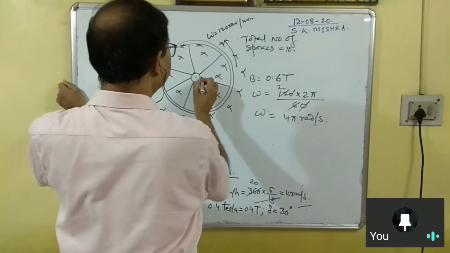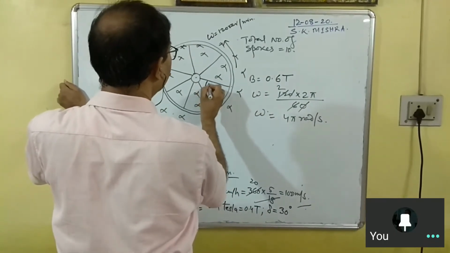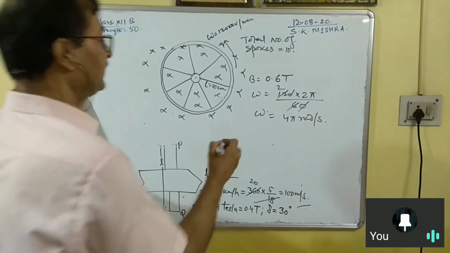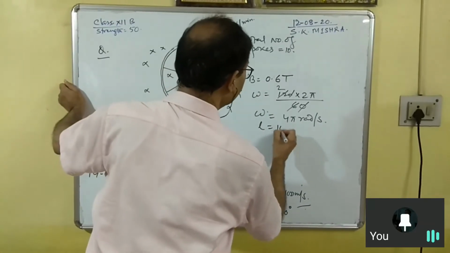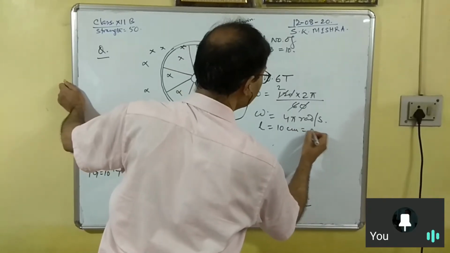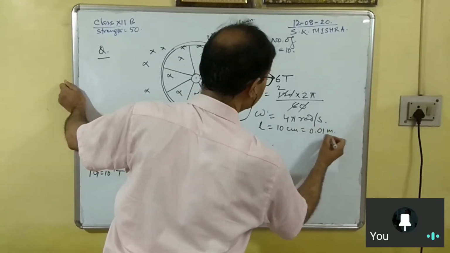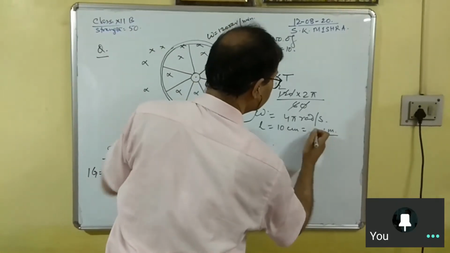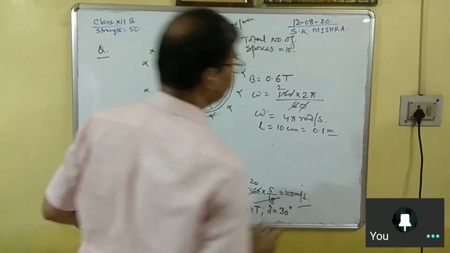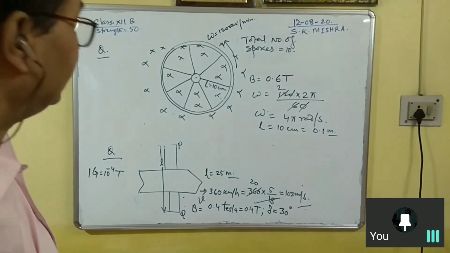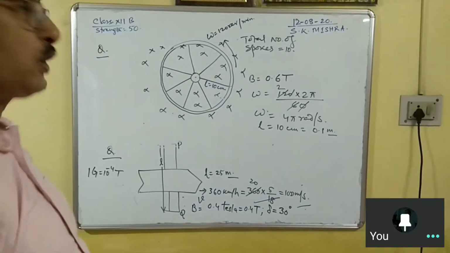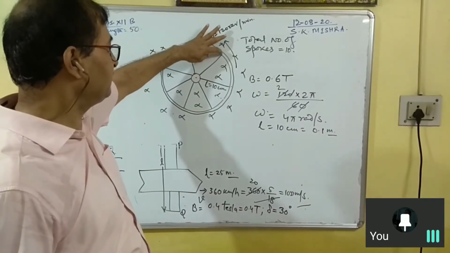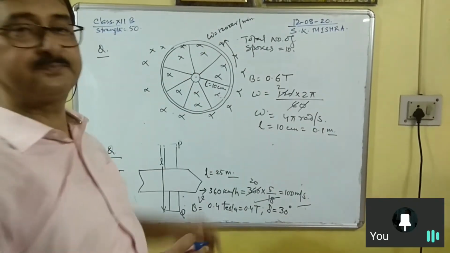Now the length of the spokes, each spoke has length 10 centimeter, which is 10 by 100, so 0.1 meter. Now find the induced EMF across the ends of the spokes connected between the ring and the axle.